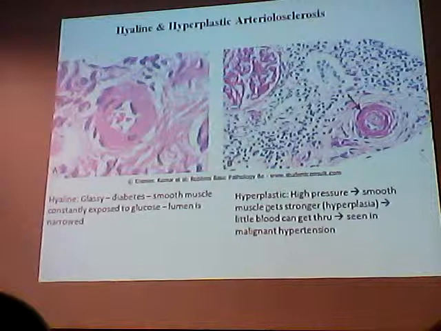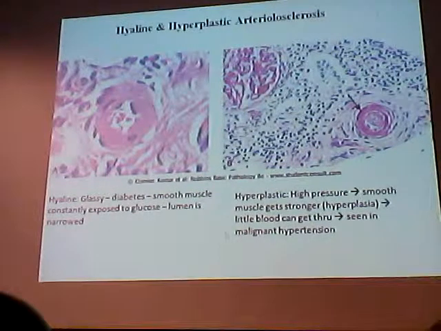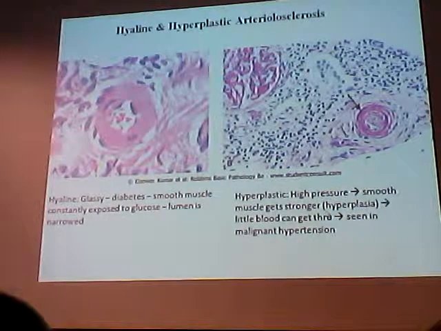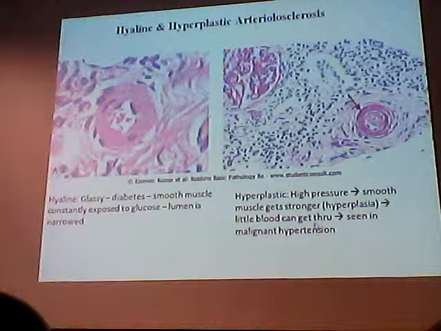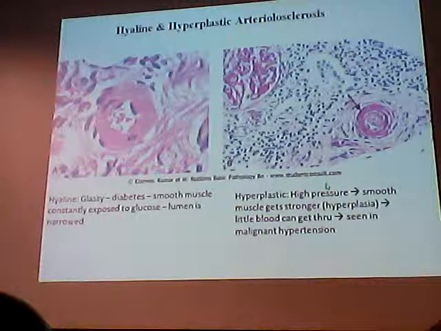And with hyperplastic, it's with high blood pressure in the body. So the smooth muscle is starting to get stronger and stronger, and that's by hyperplasia. And so little blood gets through, and it's seen in malignant hypertension. So hyaline, just remember glassy, diabetes. Hyperplastic, high pressure.